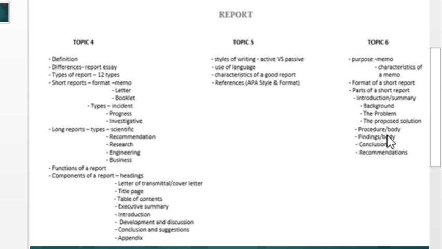Okay, that's why in topic 6 we heavily focus on memo.